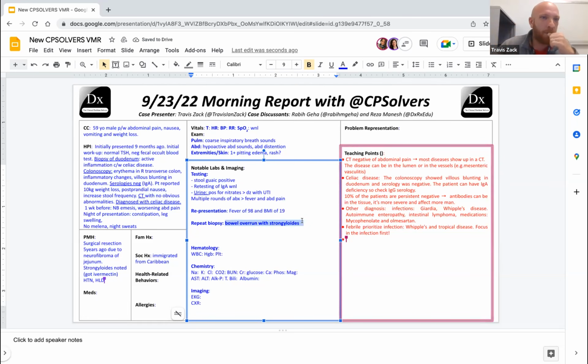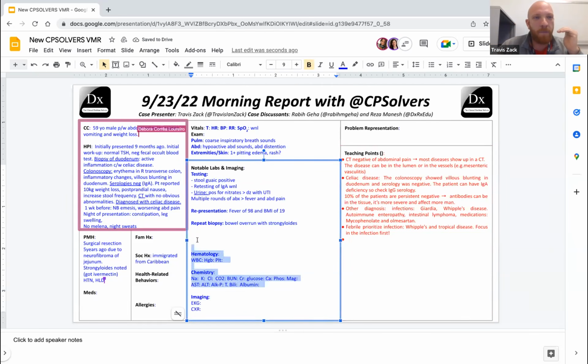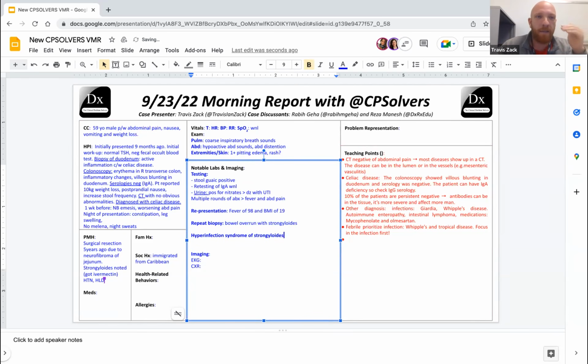And so what the expert focused on is you actually can have a hyperinfection syndrome of strongyloides if you have other immunodeficiencies. So what would be another immunodeficiency in this patient, who doesn't seem to have any, that leads to a hyperinfection syndrome? HIV being the most common, but then things like you had mentioned, CVID or others, like an intrinsic autoimmune.